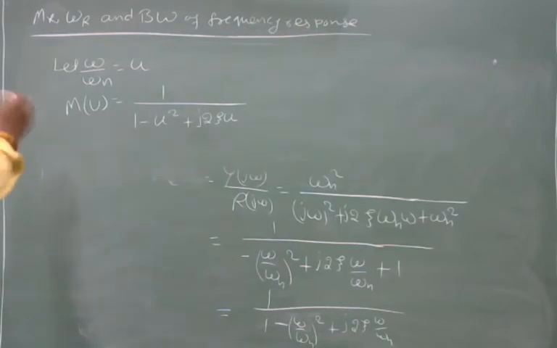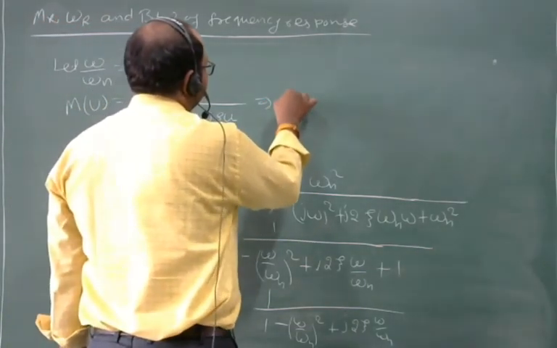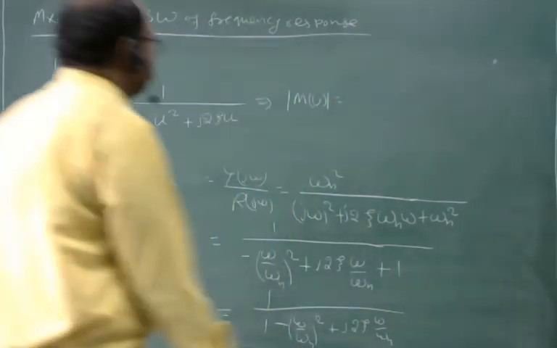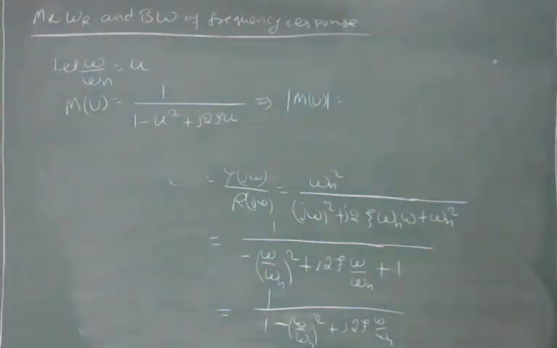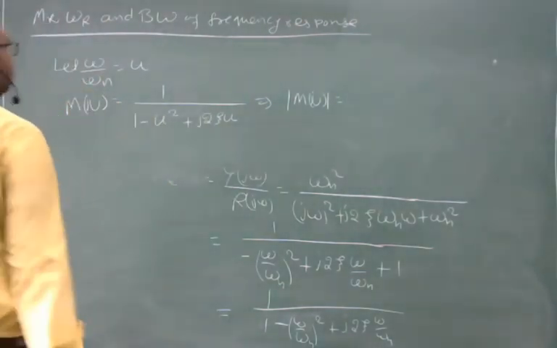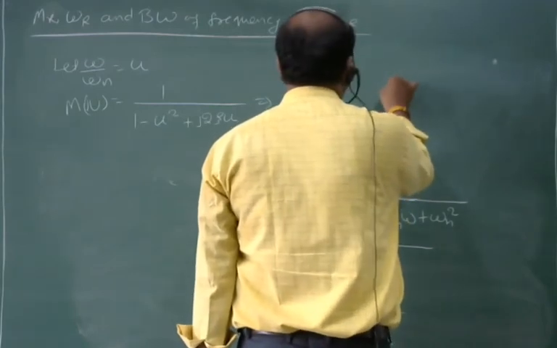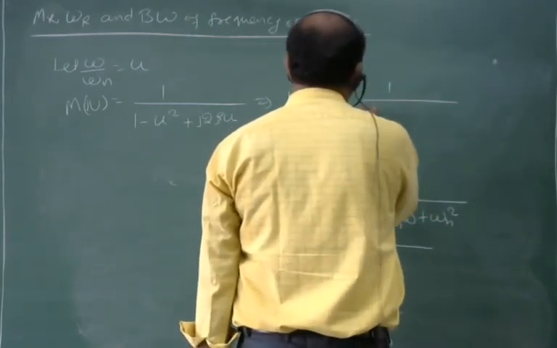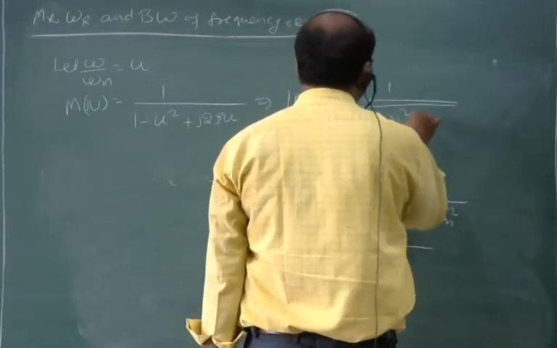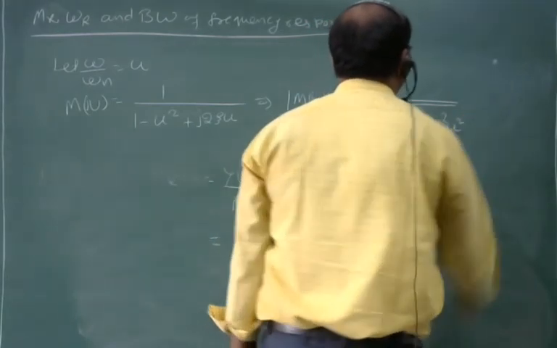The magnitude of this M(u), let's write it as M(ju), is 1 over under root 1 minus u square whole square plus 4 zeta square u square.